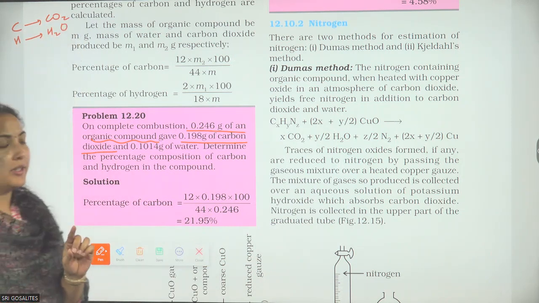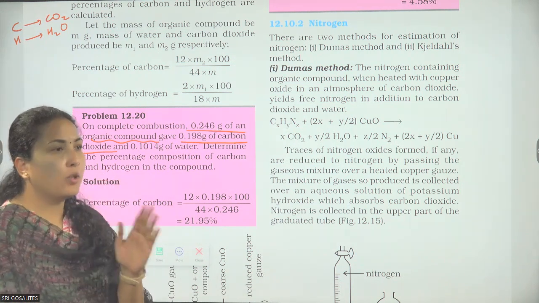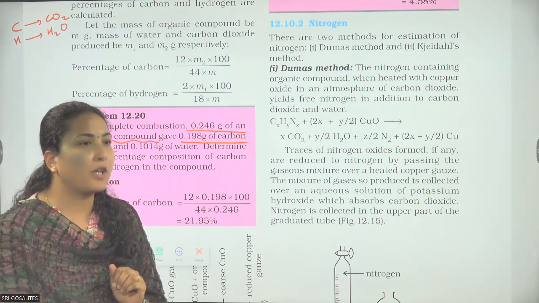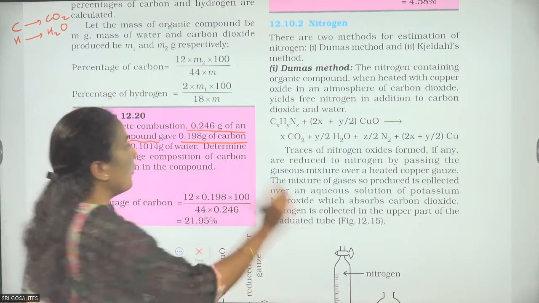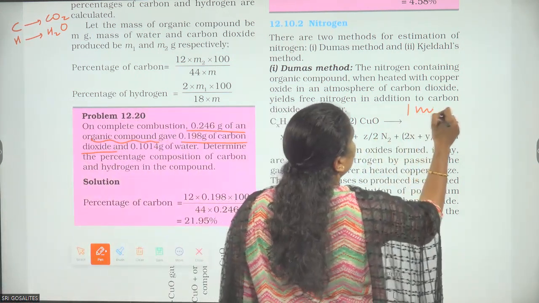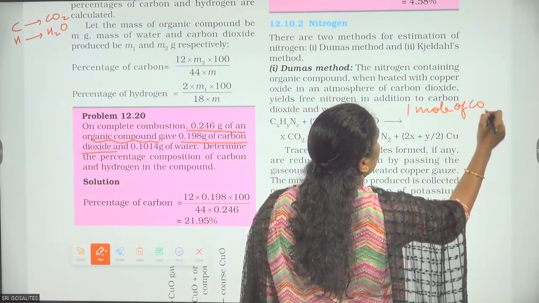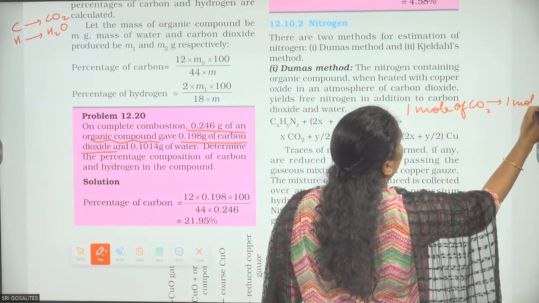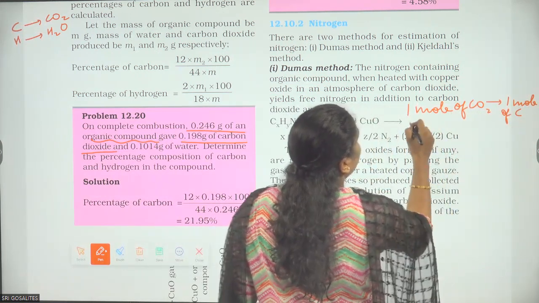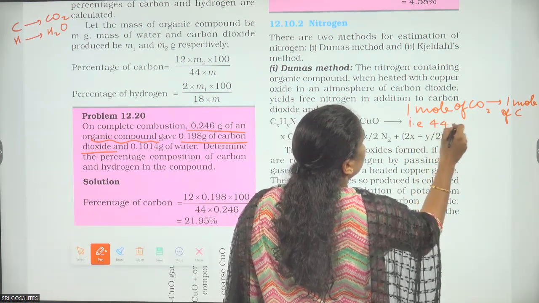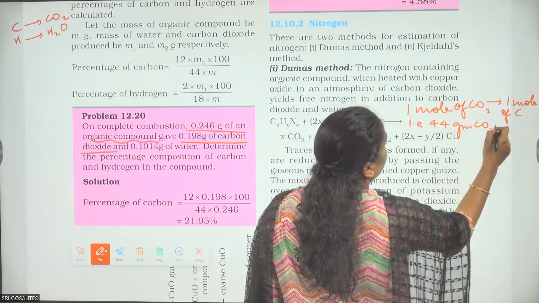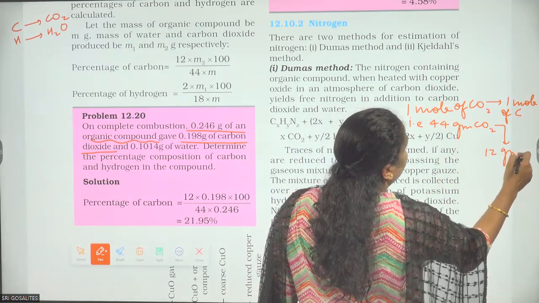If I say 1 mole of CO2, how many moles of carbon does it contain? It contains 1 mole of carbon, right? Applying the mole analysis, 1 mole of CO2, which is 44 gram, gives you 12 gram of carbon.